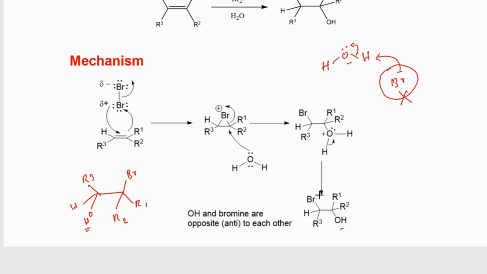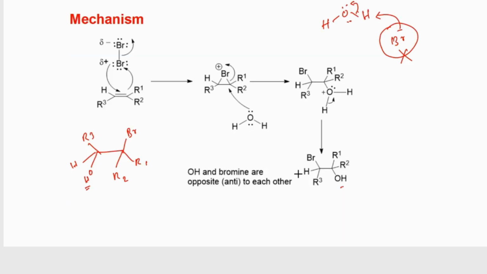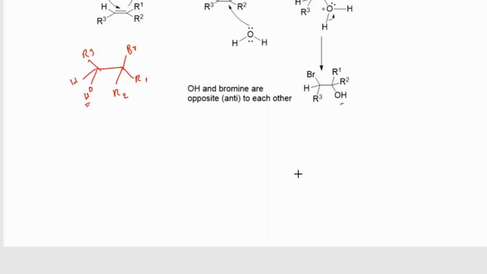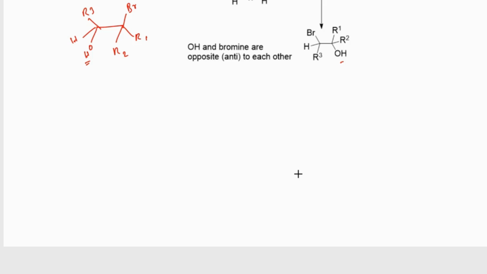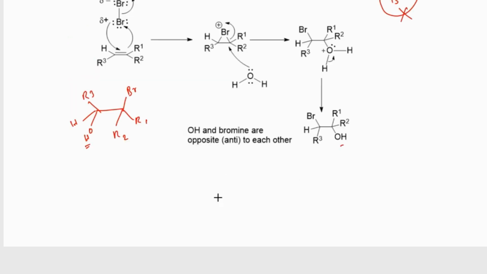So that is about the halohydrin reaction. Sometimes this reaction may be twisted another way also. For example, instead of water, it may take place in the presence of alcohol. If you react with alcohol, what will happen?